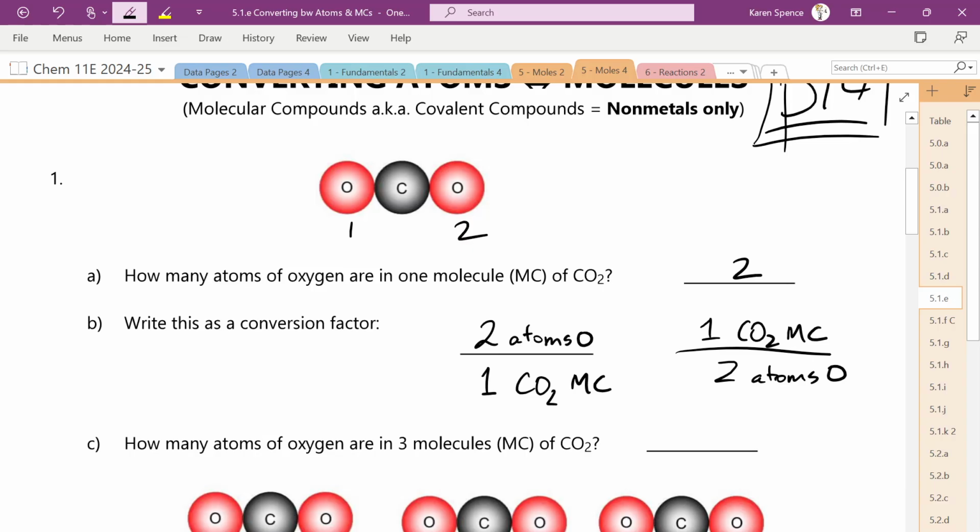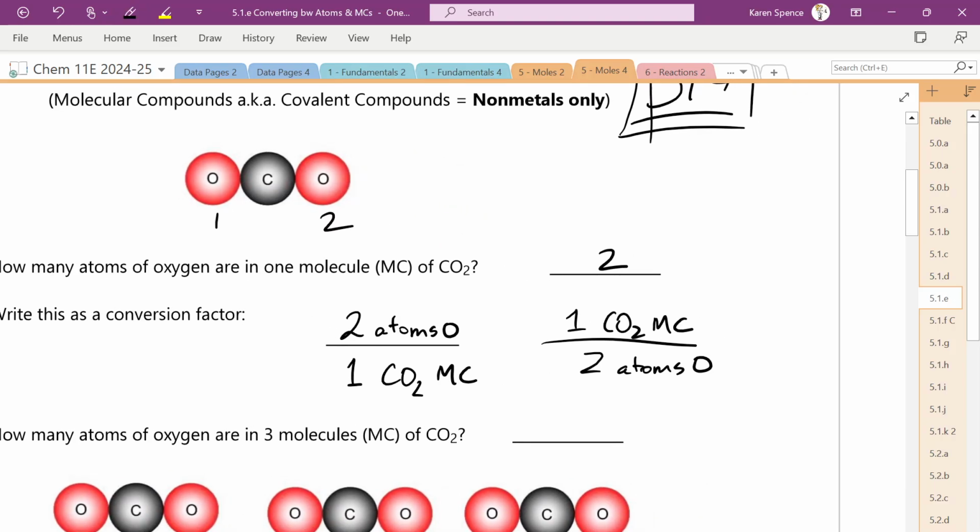So that is what we call a particle ratio. It tells us the ratio of one particle to another particle.